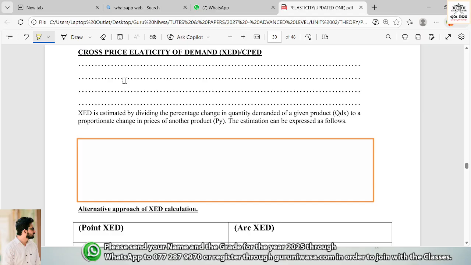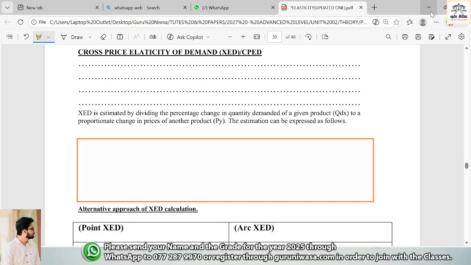Can you remember PY? Second, after PX, among the main determinants of demand, the second one is PY. PY includes two parts. Can you remember? Prices of substitute goods and prices of complementary goods.